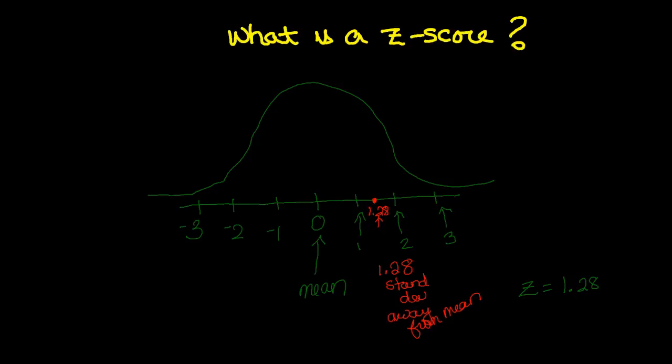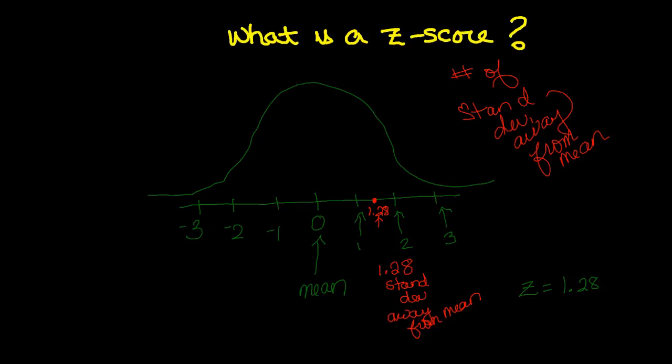So a z-score tells us the number of standard deviations away from the mean our value is. I can't write as fast as I can talk.